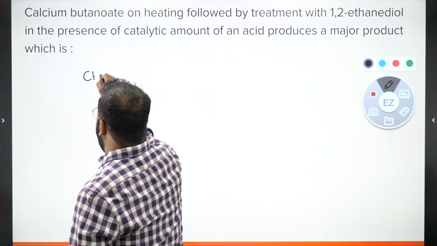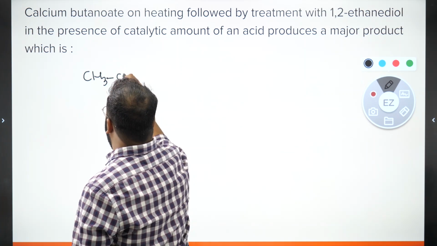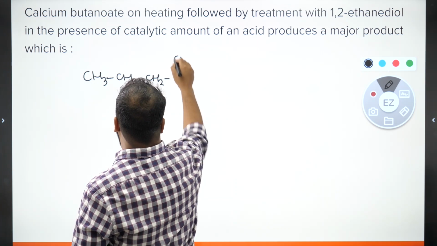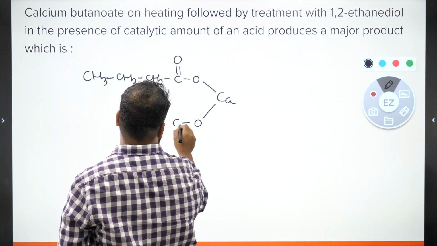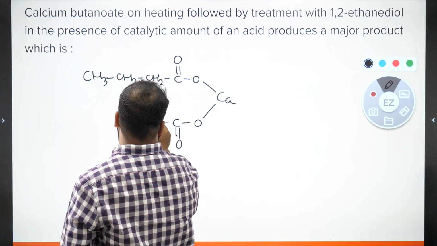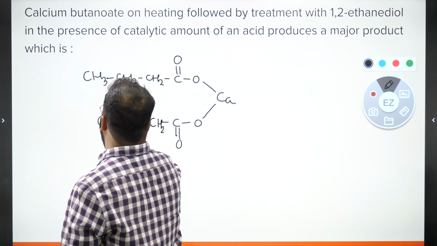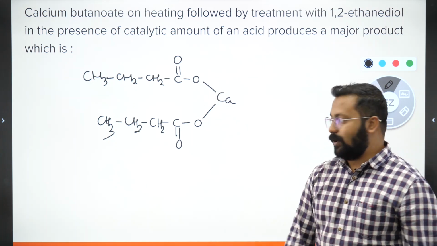This is butanoate, CH3, CH2, CH2, C double bond O, O, Ca, O. This is calcium butanoate.